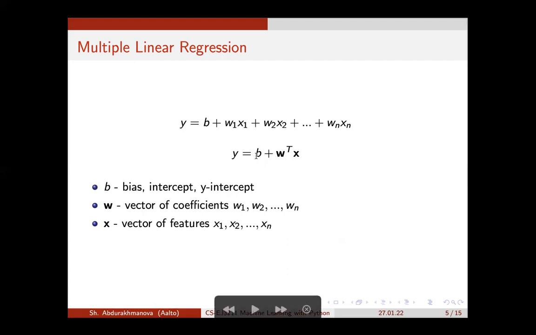Or more concisely, we can write it in vector form, where W is a vector of coefficients and X is a vector of features. And basically, we are computing the inner product of the transpose of vector W with X.